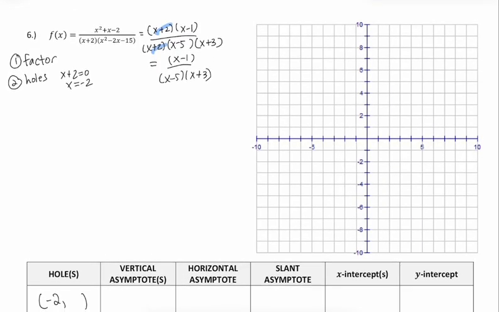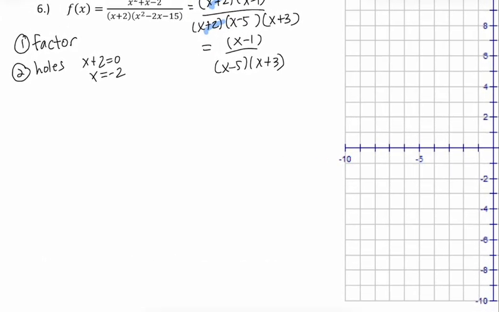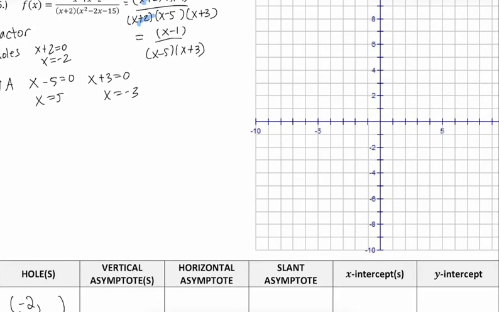Now, the next thing I want you to always come up with is the vertical asymptote. The vertical asymptotes are the remaining factors in our bottom denominator. Where do those equal 0? And that will be at 5 and at -3. So let's go over to our graph paper.